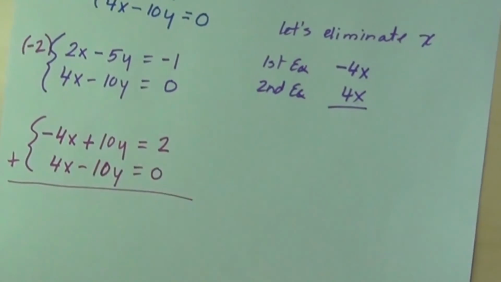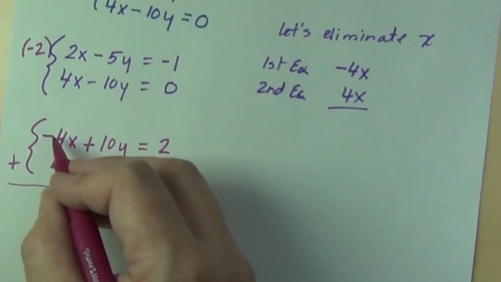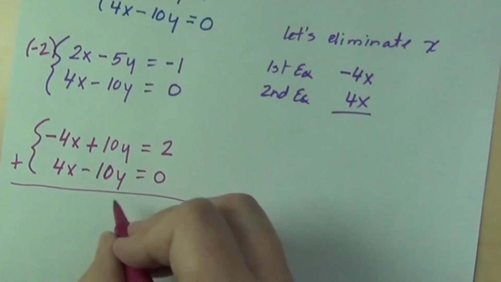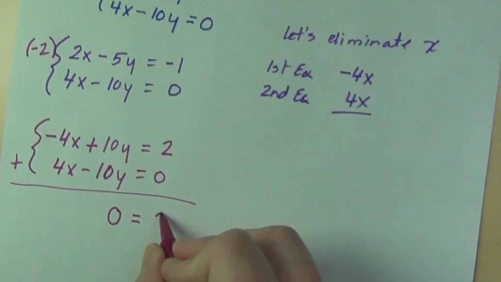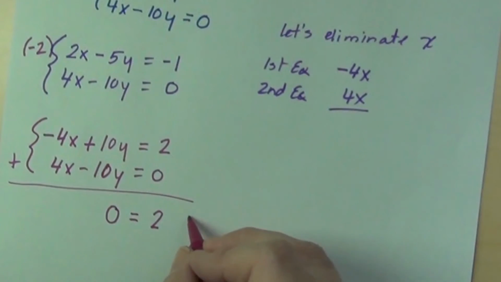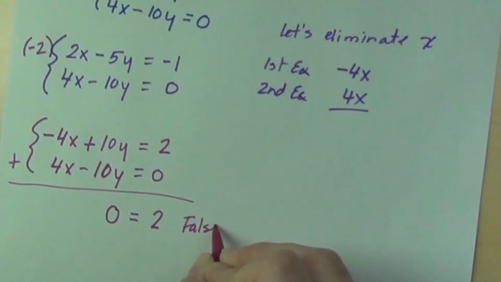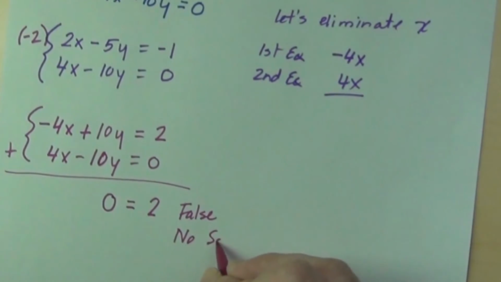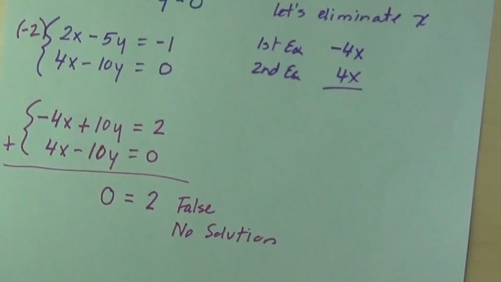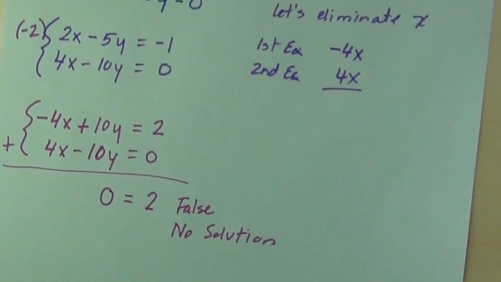So with the addition method, we add, and we get 0 x's, and we get 0 y's, so we get 0 over here. And on this side, I add 2 plus 0, and I get 2. And when I get something that is false, as we talked about earlier, that means there is no solution. In fact, those lines are parallel, they never cross, otherwise we would have a solution, right? And so we call this inconsistent.